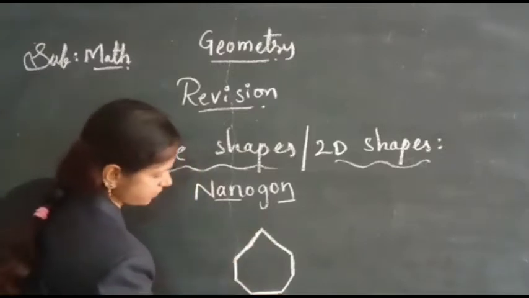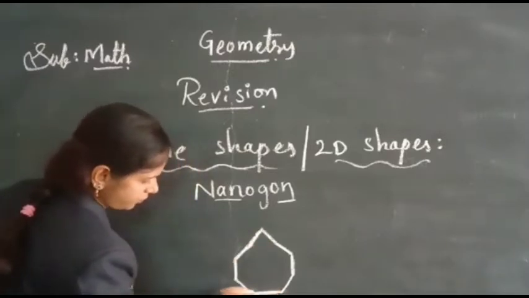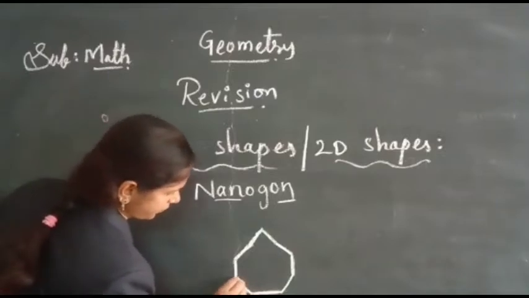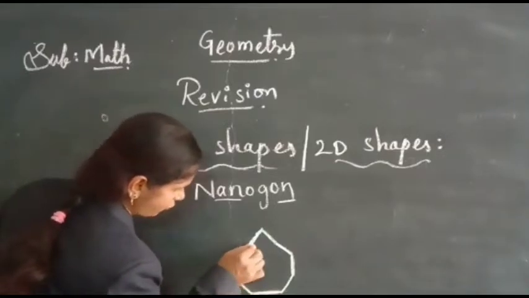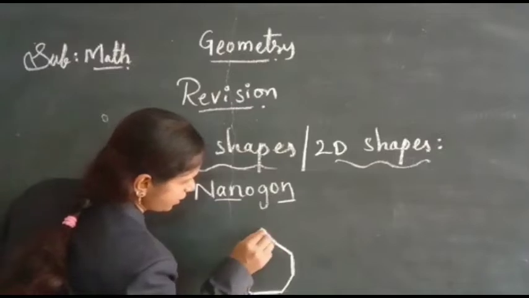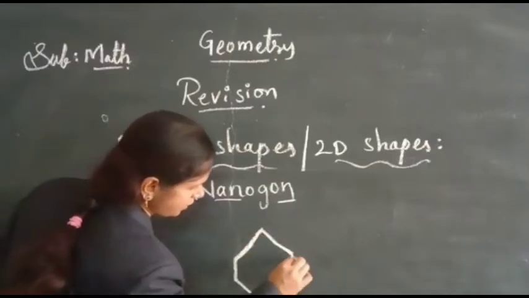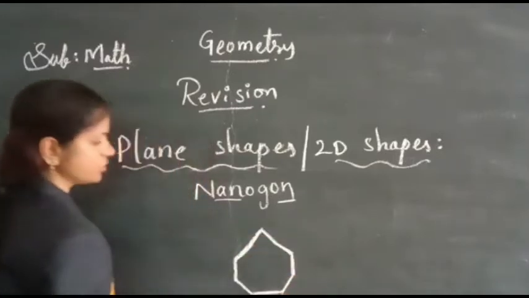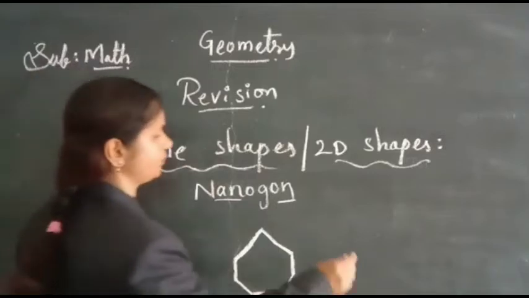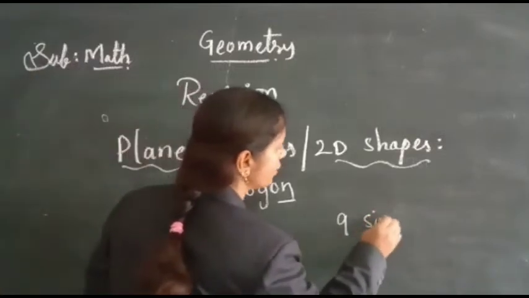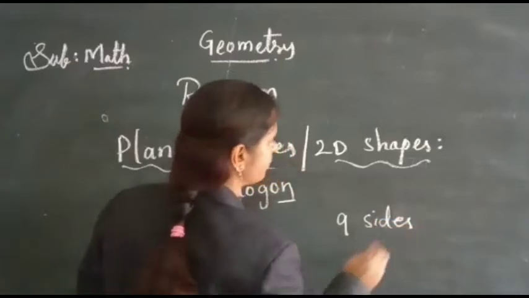Count the sides: 1, 2, 3, 4, 5, 6, 7, 8, 9. So this is a 9-sided figure. A nonagon has 9 sides.